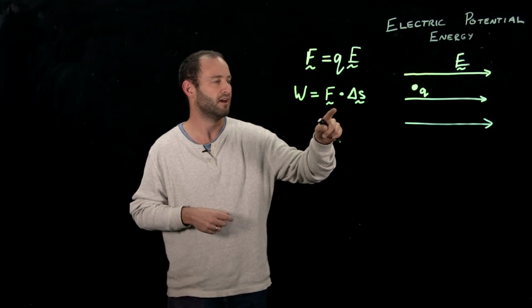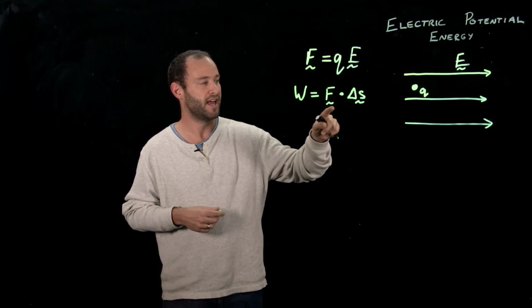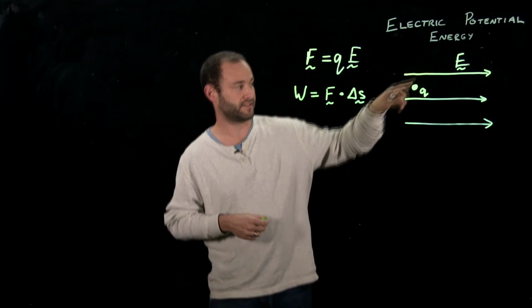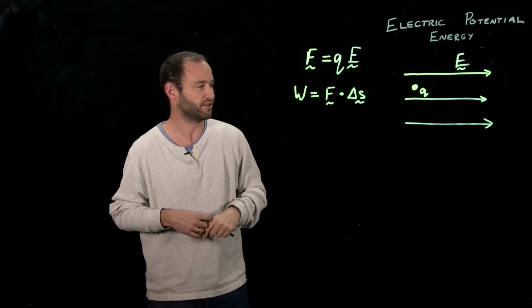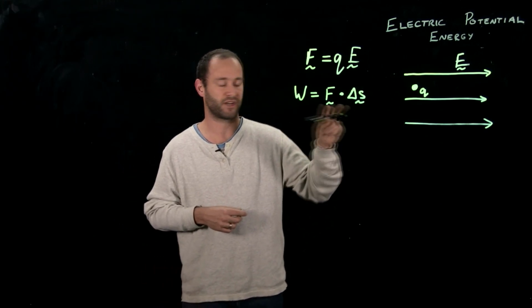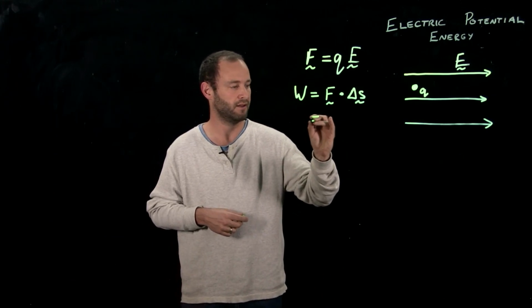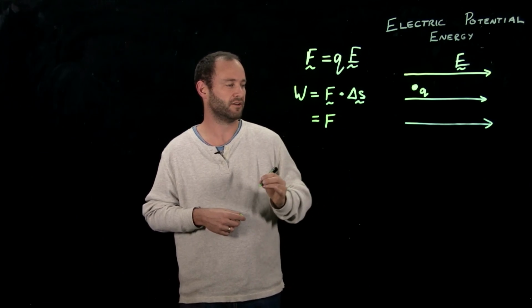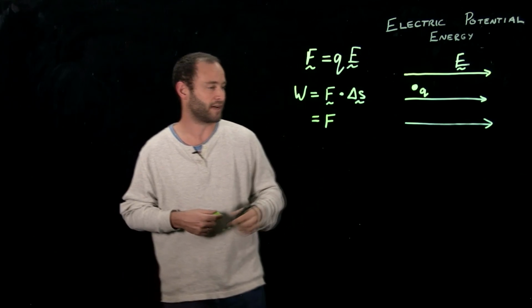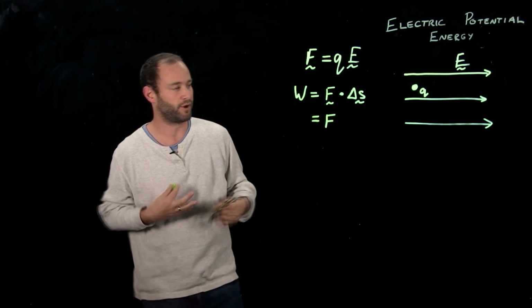But of course, as I've mentioned previously, F is in exactly either the same direction as the electric field or in the complete opposite direction of the electric field. So in other words, I can write out this dot product. This is the magnitude of the force, not a vector anymore, but just the magnitude. I could put magnitude signs on it, but I'm a little bit lazy.